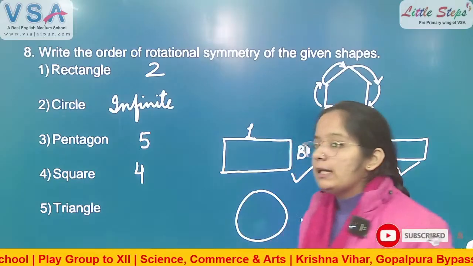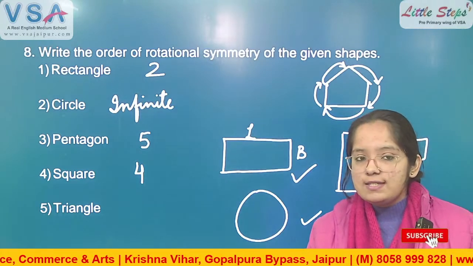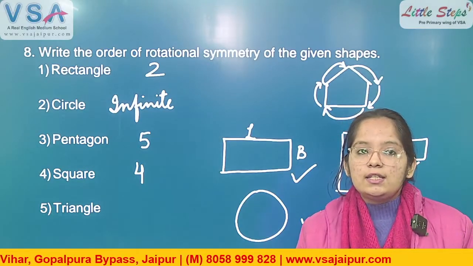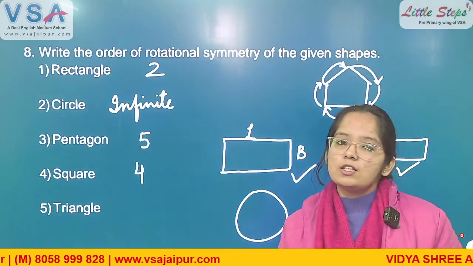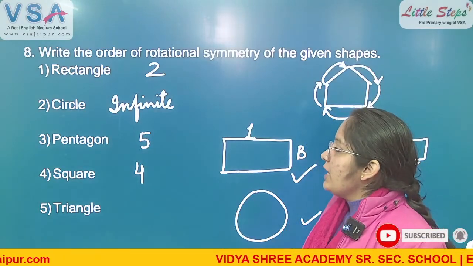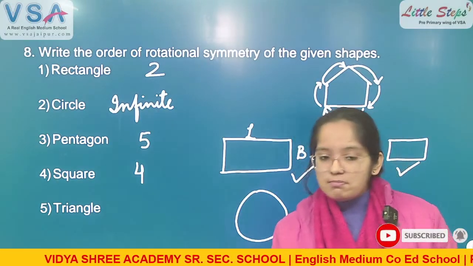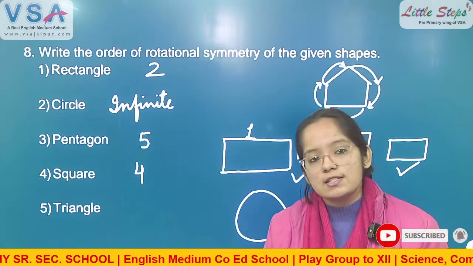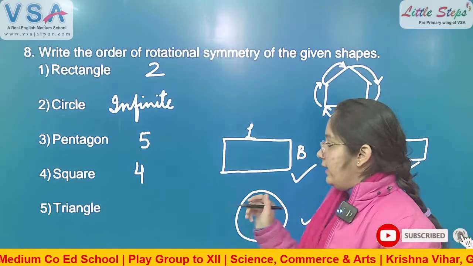Now the triangle. A triangle can be of 3 types, depending on the measurement of the sides. If all 3 sides are equal, this is the ideal condition. There are other types also, like an isosceles triangle, where 2 sides are the same and the third is different. In a scalene triangle, all 3 sides are different. But when we have a simple question, what is the order of rotational symmetry of a triangle, we consider the ideal condition, that is an equilateral triangle, where all sides are equal.